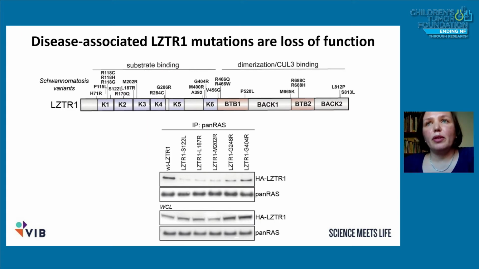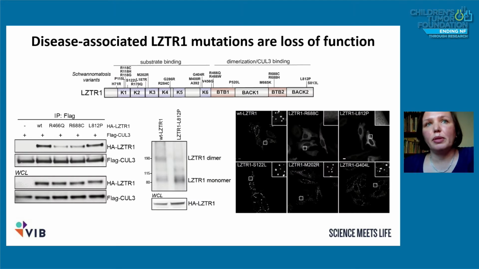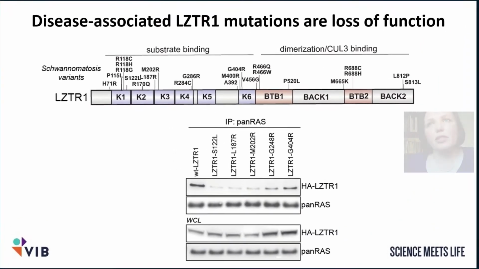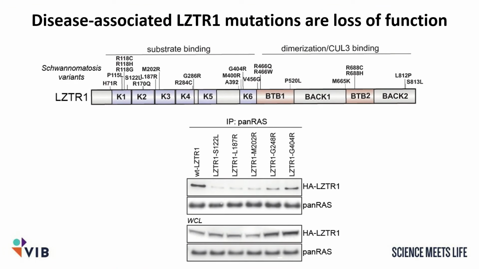So what we found when we looked specifically at Kelch domain schwannoma-associated LZTR1 mutants is that wild-type LZTR1 has a quite nice interaction with pan-RAS, while all disease-associated mutations of LZTR1 located within the Kelch domain dramatically decreased these interactions.